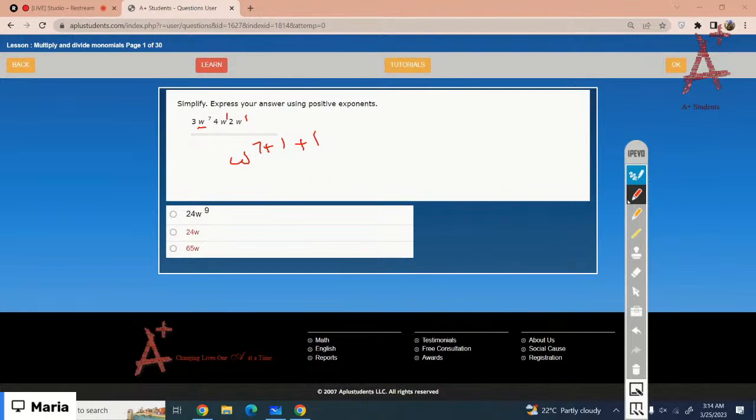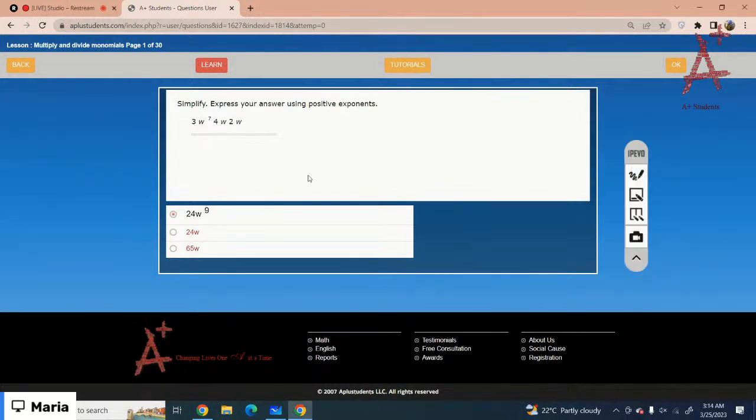I forgot to select the correct option, that is 24w9.